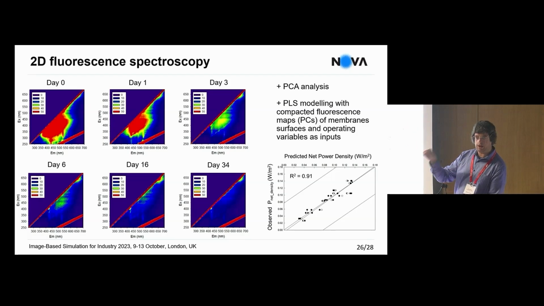So in order to extract the useful information, we are using principal component analysis. And we are using PLS modeling, which is multivariate statistical modeling, to predict the parameters of a membrane process based on PCs of the spectra and on operating variables.